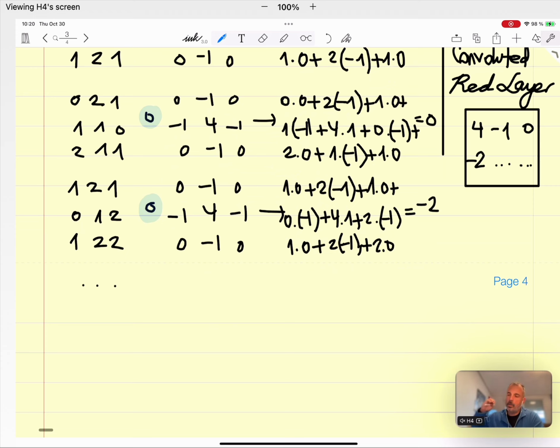Now there's one more thing that is important here. It's called padding.